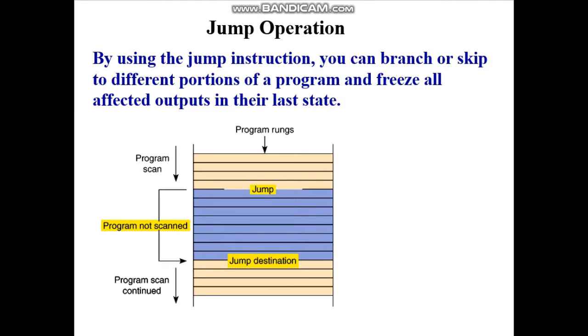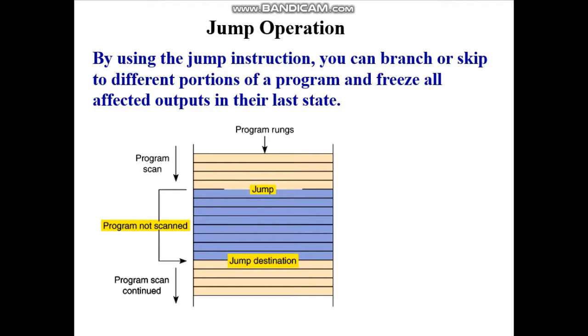You can see that the not scanning part is quite similar to MCR. So you can branch or skip to different portions of a program and freeze all affected outputs in their last state. This is the difference. Basically you can freeze the output in their last state with jump operation.